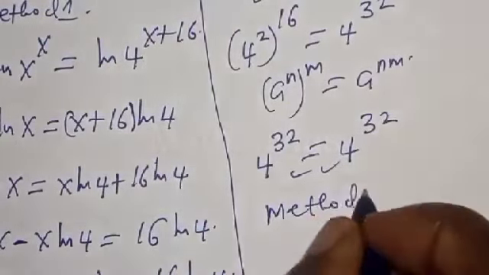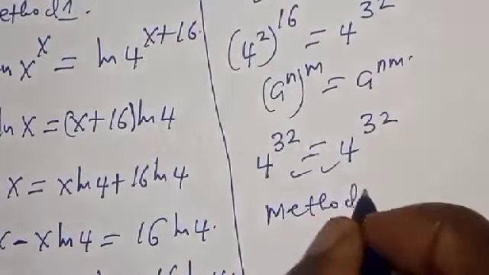Now we have the given equation, x raised to power x is equal to 4 raised to power x plus 16. Now we have x raised to power x is equal to 4 raised to power x multiplied by 4 raised to power 16. Now let's divide both sides by 4 raised to power x.